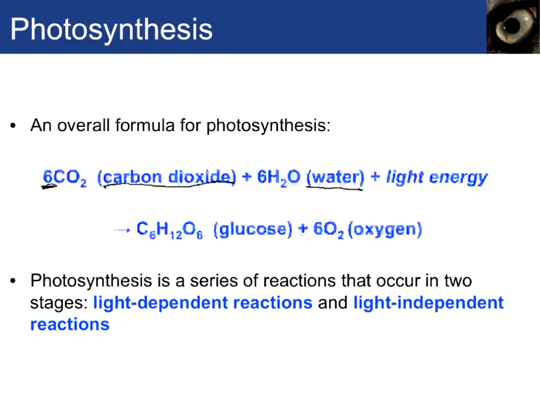Carbon dioxide plus water plus light goes to glucose and oxygen. And we saw that a couple of slides ago in the experiment, where he shined the light onto the algae and it produced oxygen. This is why, because in some forms of photosynthesis, oxygen is going to be a byproduct.